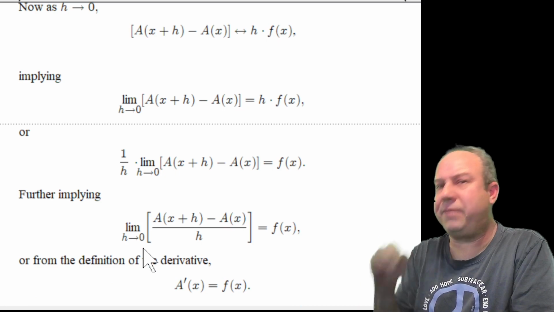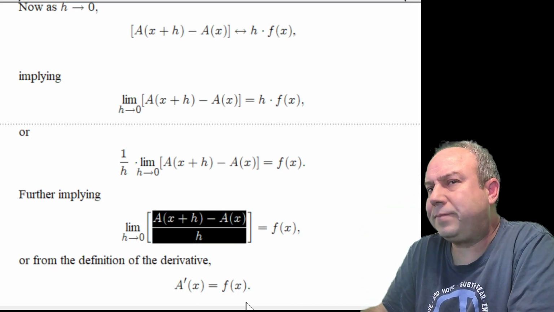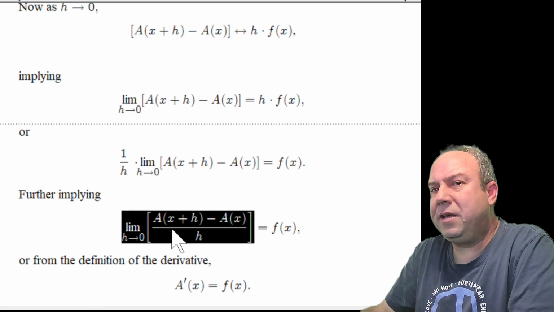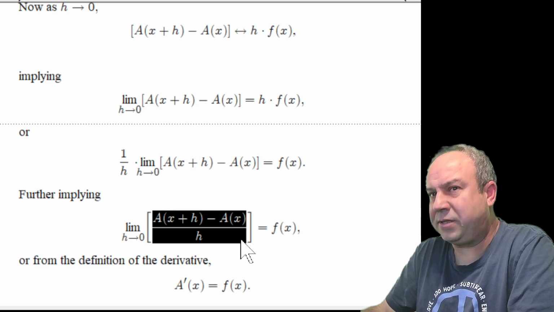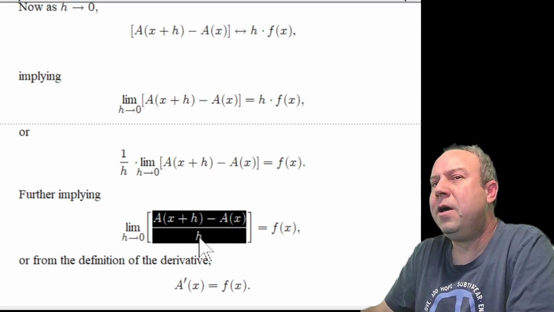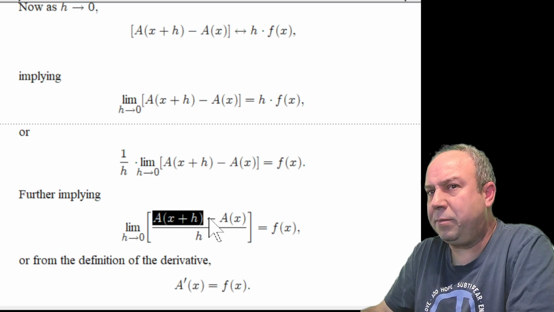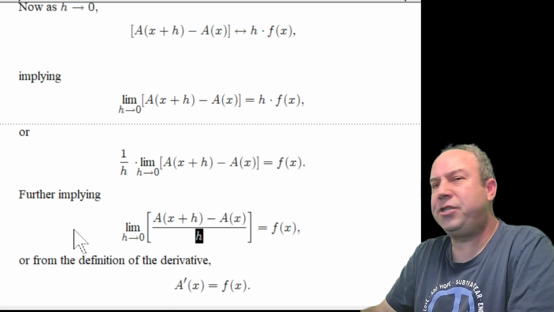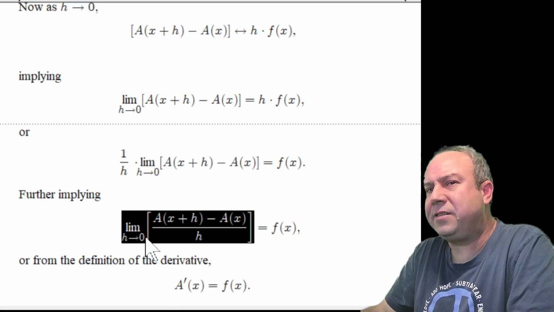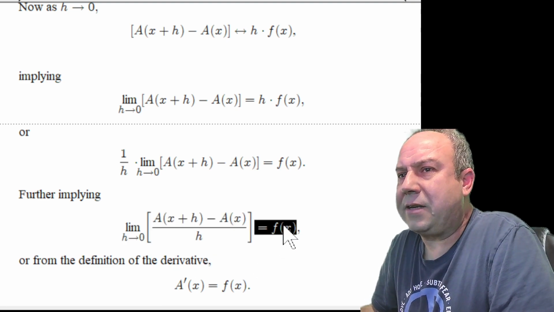It has to be evaluated with the limit. So if I bring it into the limit, I'll have the limit as h heads to 0 of capital A of x plus h minus capital A of x, all divided by h. I'll have the area function at x plus h minus the area function at x, all divided by h, and I'll be looking at the limit of that as h heads to 0. And I'm saying all of that equals f of x.